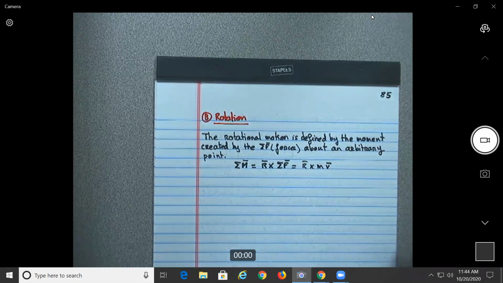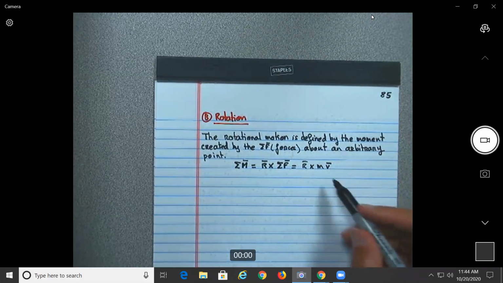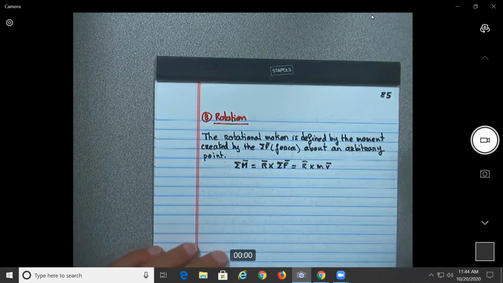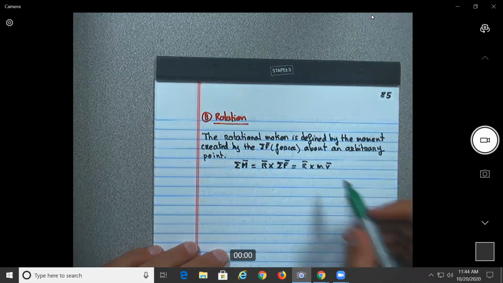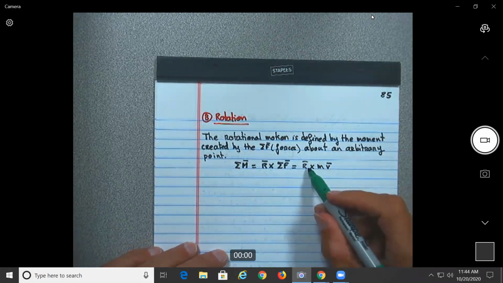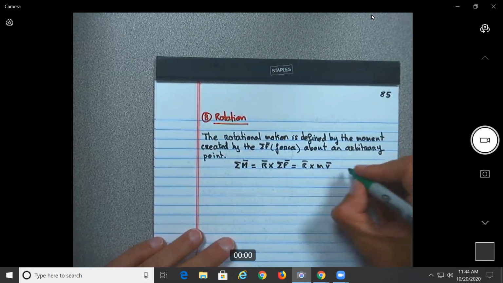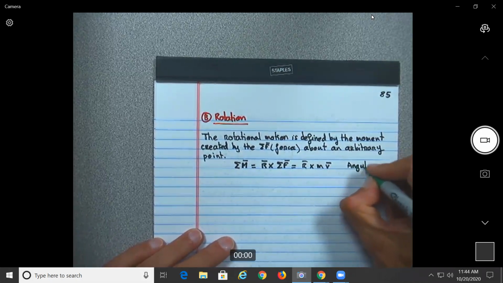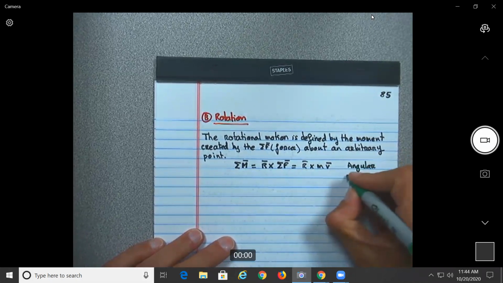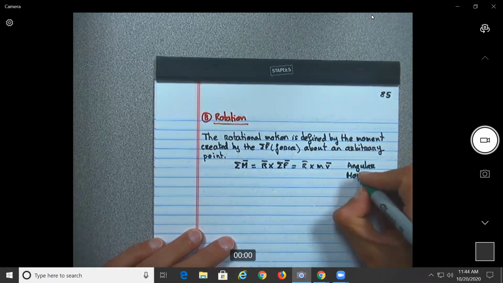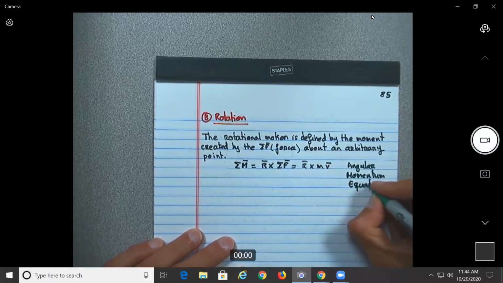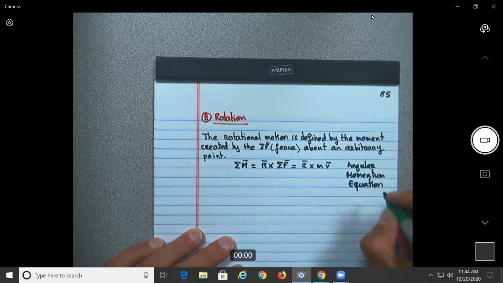Yeah, okay? And now what is really the meaning of this equation? What is the real name of this equation? This is the angular momentum equation.